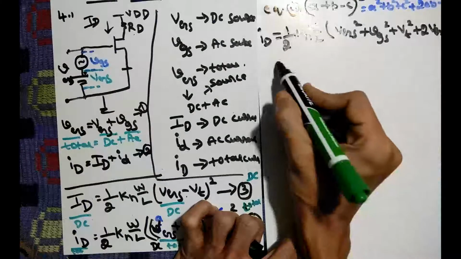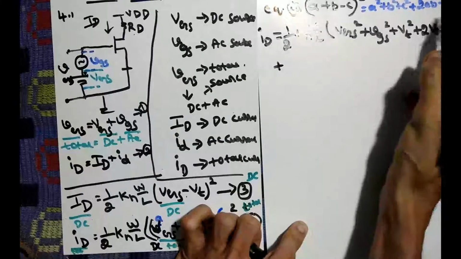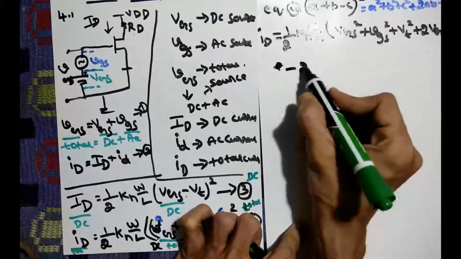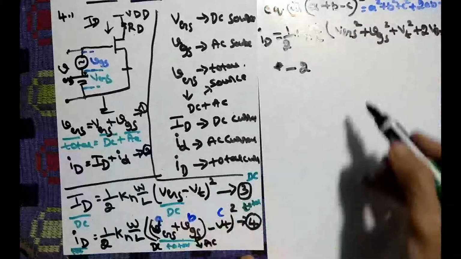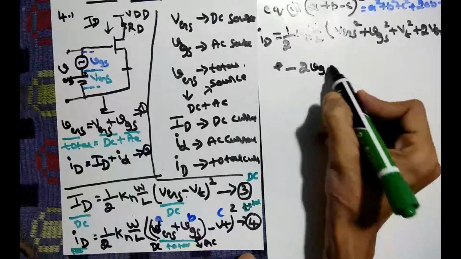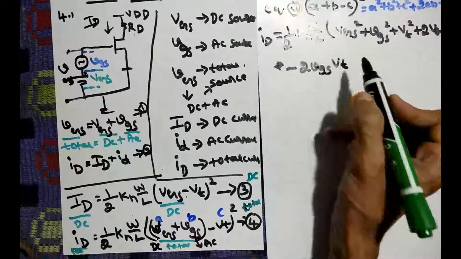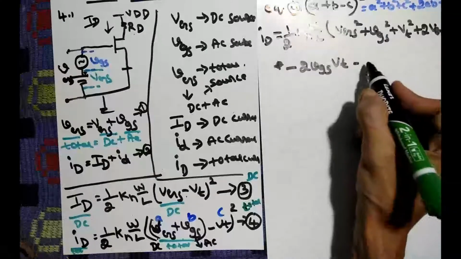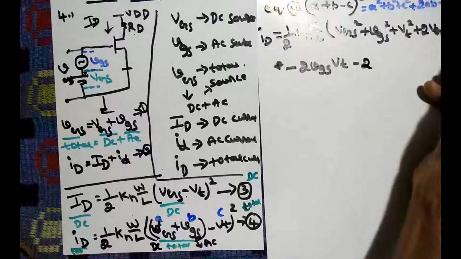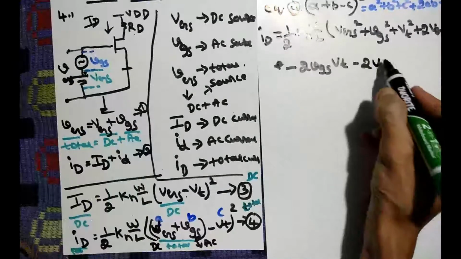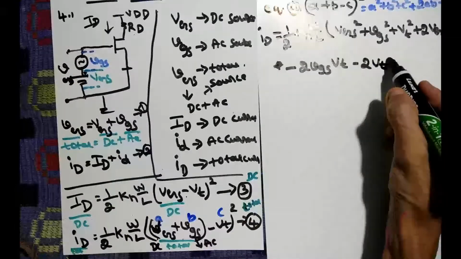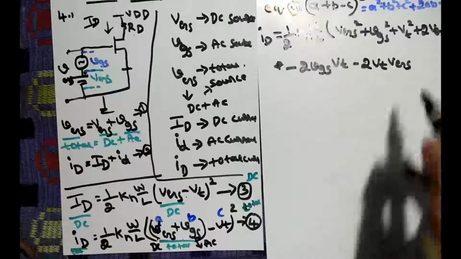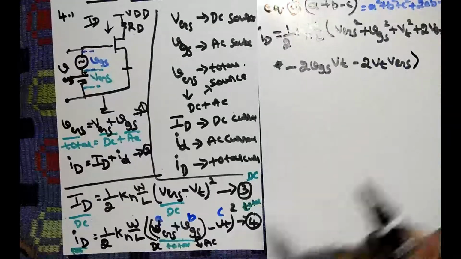Then minus 2BC, which is VT and small vgs, so small vgs and VT. Then again minus 2CA, where CA is VT, which is C, into capital VGS. So this is what you get after the simplification.